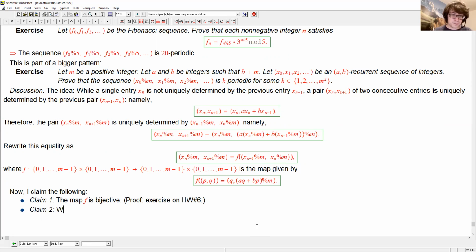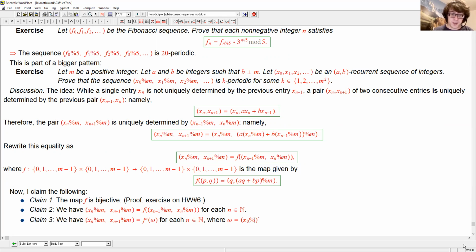Claim 2, this is what I just said: that this f is really the dynamics of these pairs of consecutive remainders. And finally, claim 3 is that any such pair is f to the n applied to omega. What is omega?